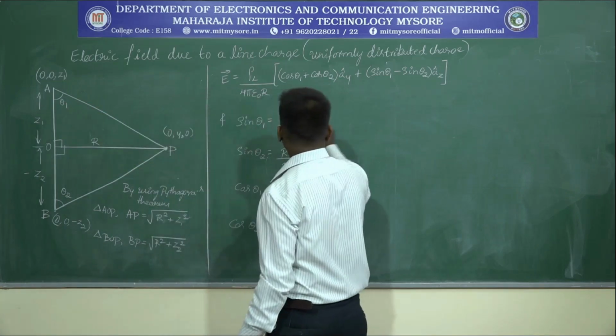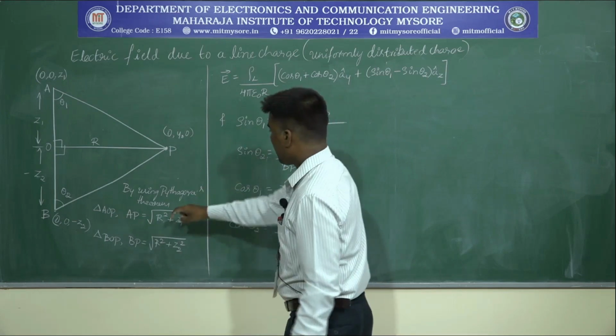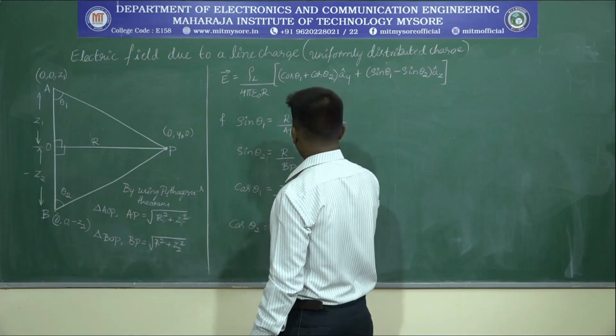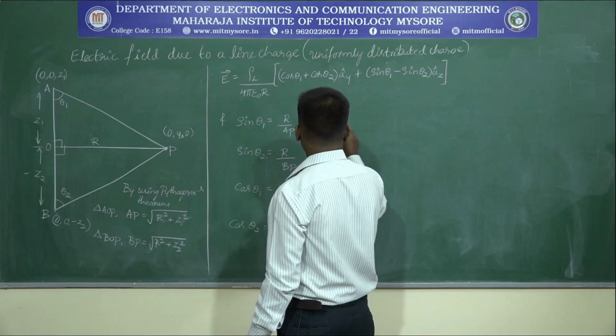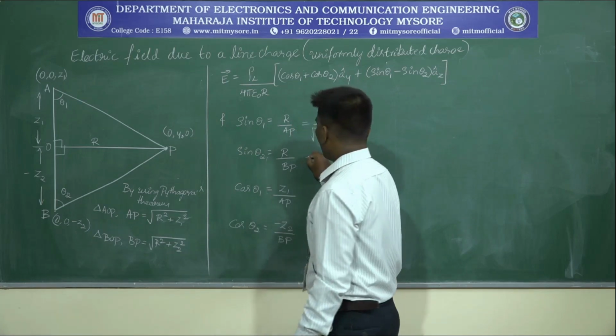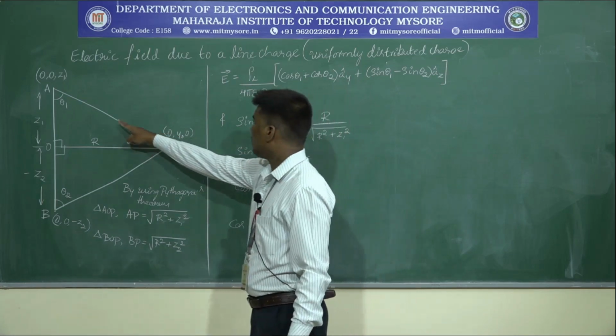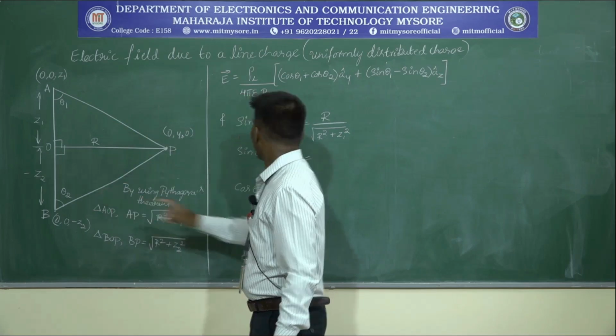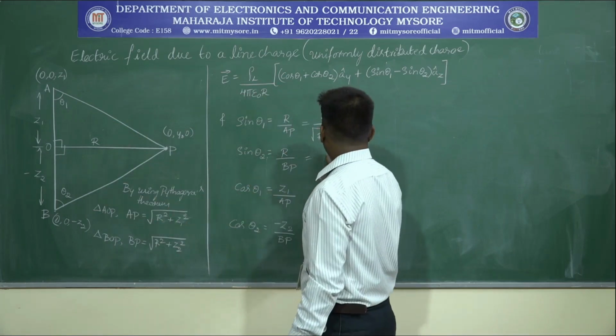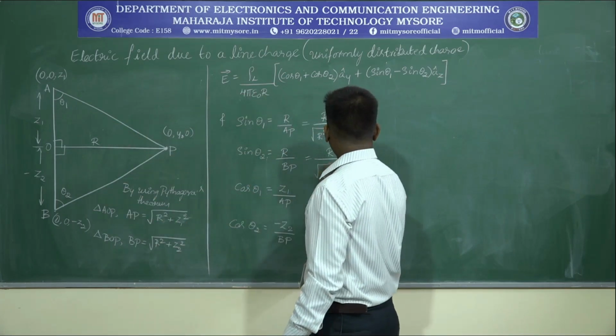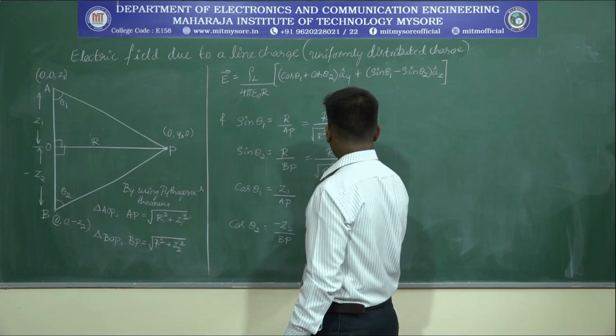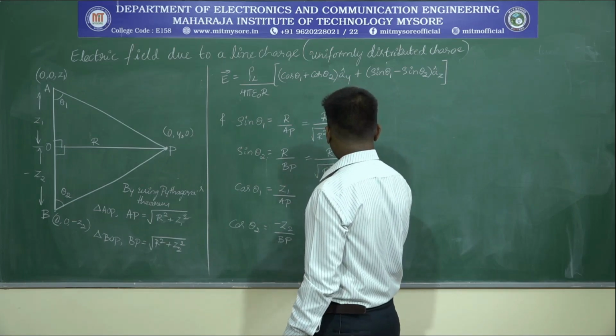What about the hypotenuse? Hypotenuse AP is given by square root of r square plus z1 square. Similarly, sin theta 2 is equal to r divided by BP. So what is BP? Square root of r square plus z2 square.